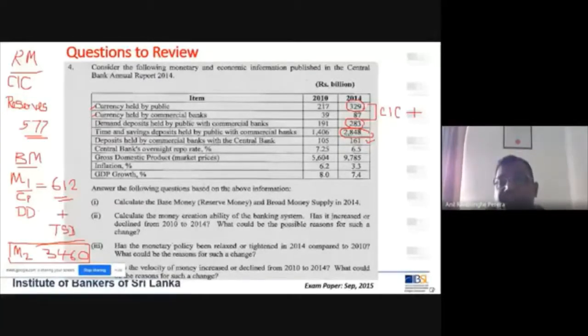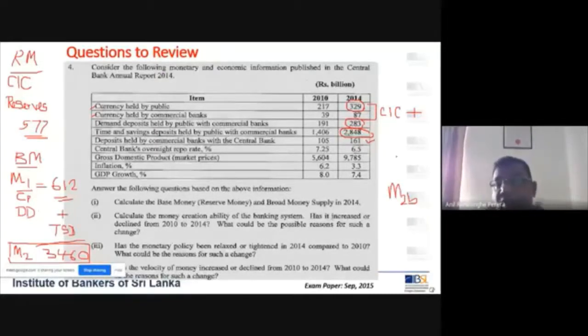Now in Sri Lanka, I told you other than M2, we have another variable called M2B. So to calculate M2B, we add up M2 and foreign currency deposits. Now in this table, do we have any information on foreign currency deposits? We don't have.